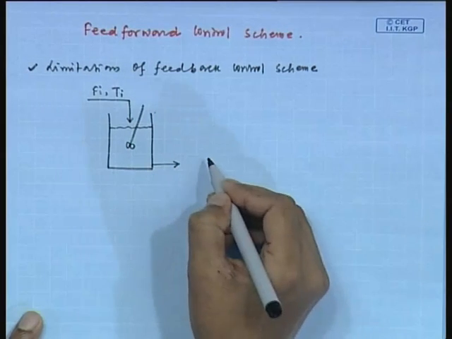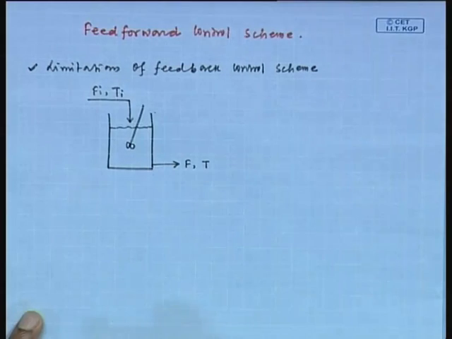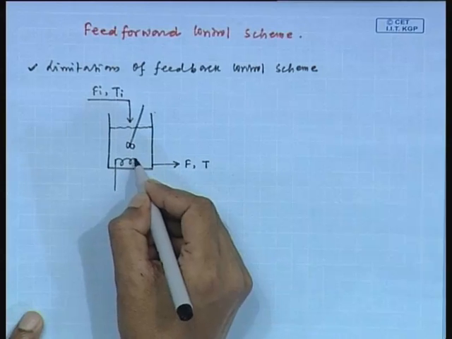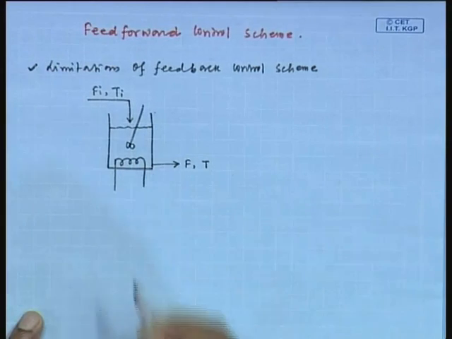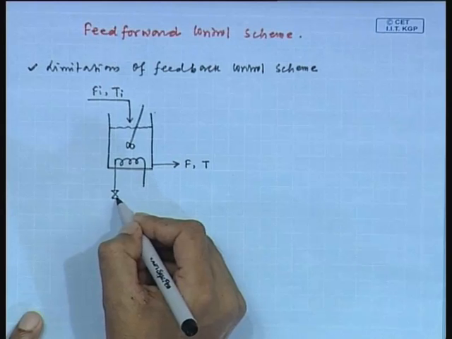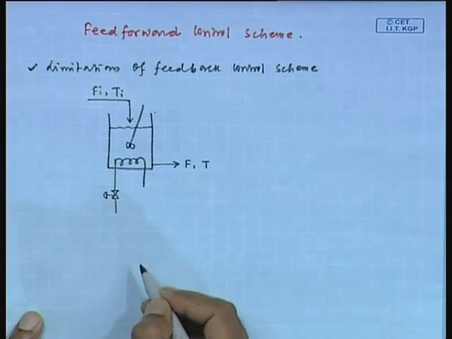The product is coming out at flow rate F and temperature T. A heating medium is used to maintain the temperature.